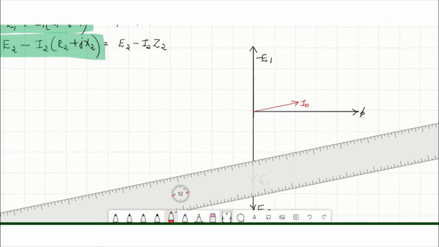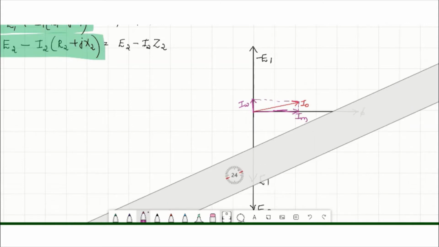Now this I0 can be split into two perpendicular components. One component IW in same direction with E1 and another component IM in x-axis. IM is the magnetizing component which is used to magnetize the core, and IW is the core loss component. IW is known as core loss component or iron loss component, or it is known as working component of I0.